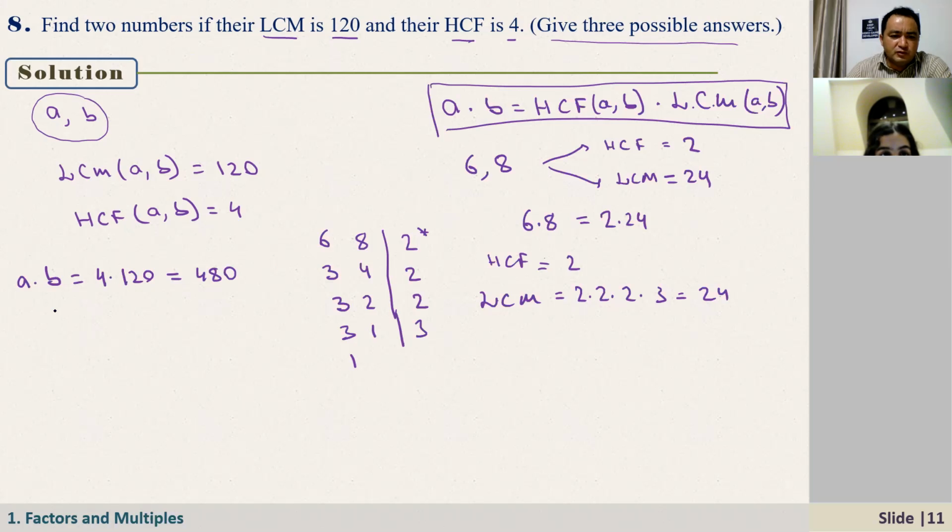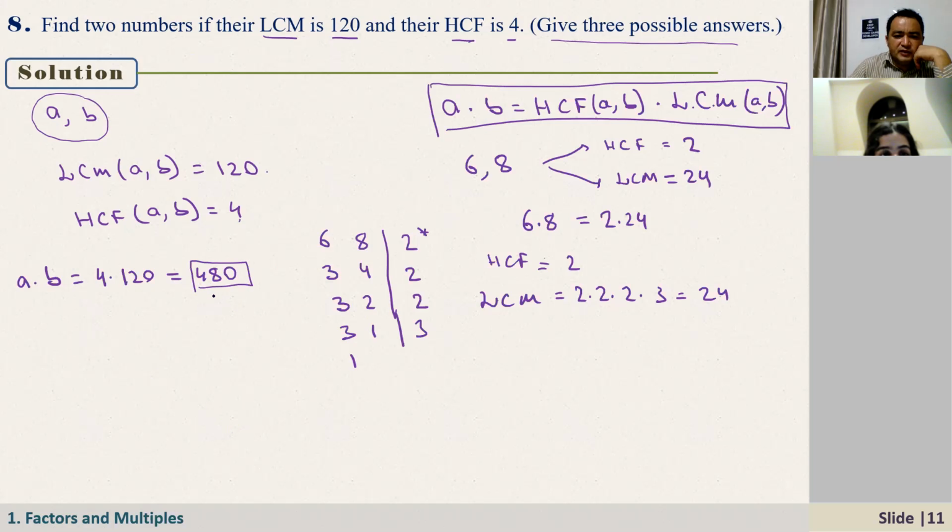Can you tell me two numbers whose product is 480, and at the same time the highest common factor is 4 and the least common multiple is 120?